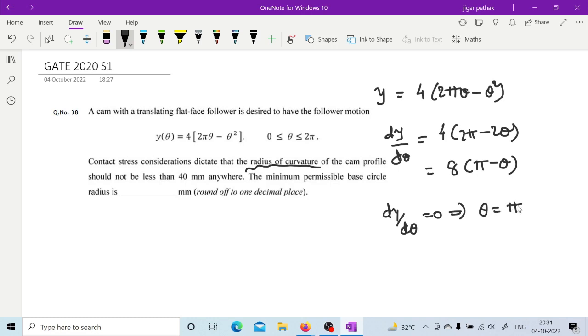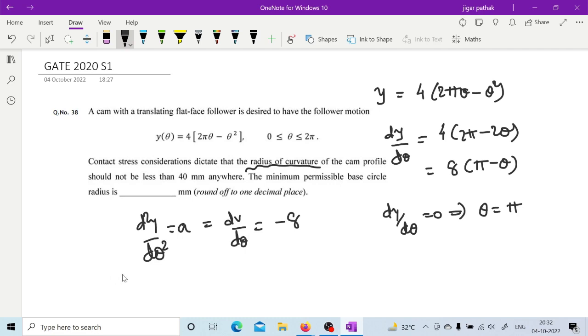As I have told you, the second derivative d square y by d theta square is that curvature. That is dv by d theta also, where v is 8 into pi minus theta. So your dv by d theta will be minus 8.